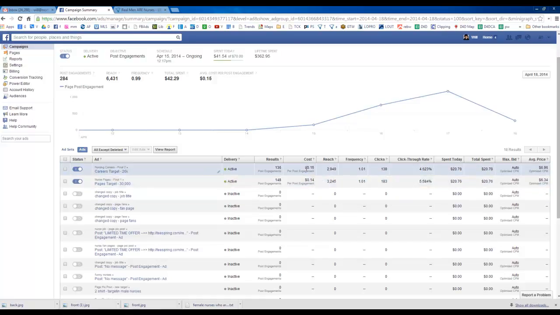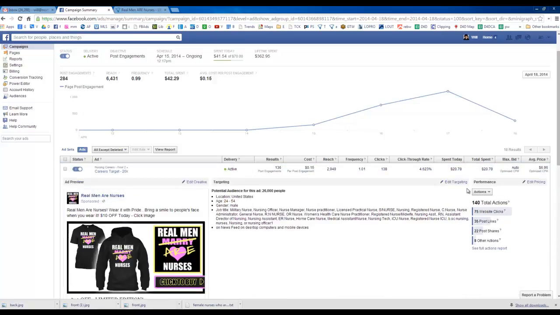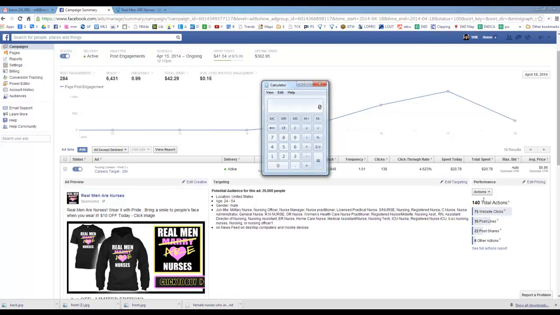As you can see, our cost per engagement is still kind of high. I'm curious to see what our actual cost per click to the website is running us today. So 20.78, and this is for our job titles, divided by 75 clicks to the website. It's giving us a cost per click of about 27 cents.